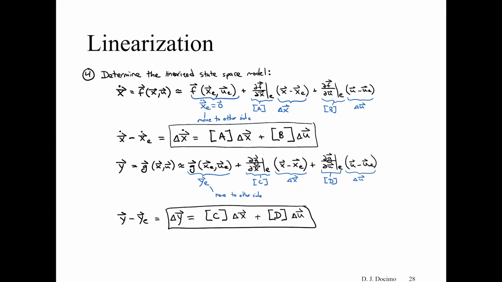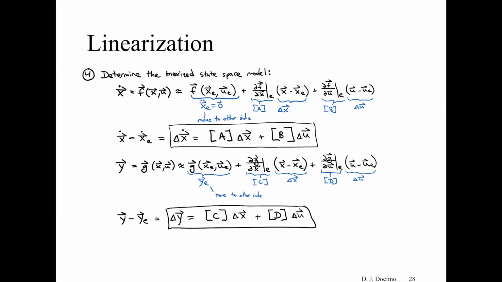It's very important that you evaluate at equilibrium, or your reference point. That's lumped together into a matrix A, multiplied by our perturbation vector for our states. We do the same thing with our inputs to get B, another matrix that's multiplied by delta u. Once we move this over, we get that delta x dot is equal to A times delta x plus B times delta u. That looks like a linear system right there.